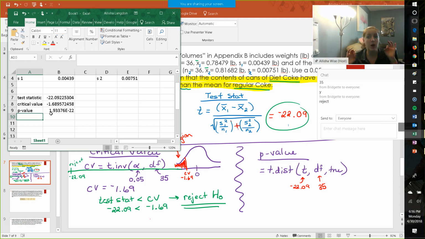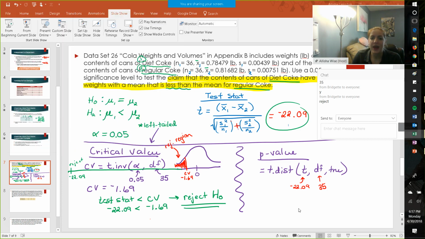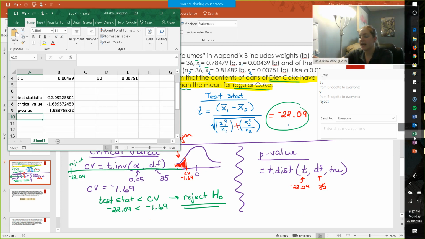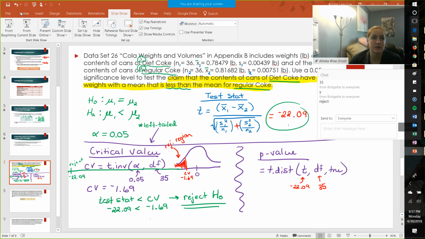It's a very small number. You need a microscope to see that number. To write that down, you would write it like this.